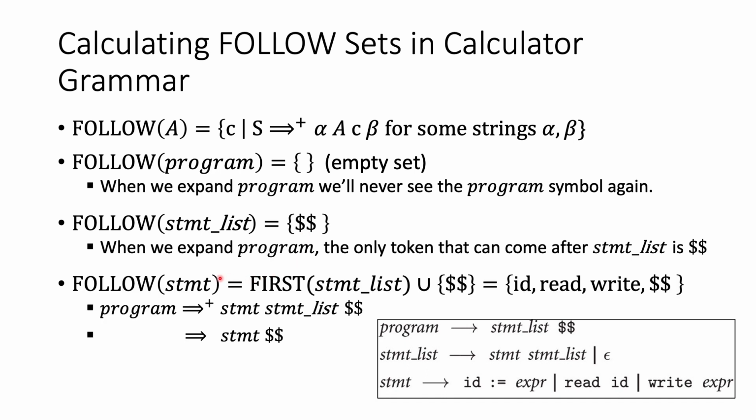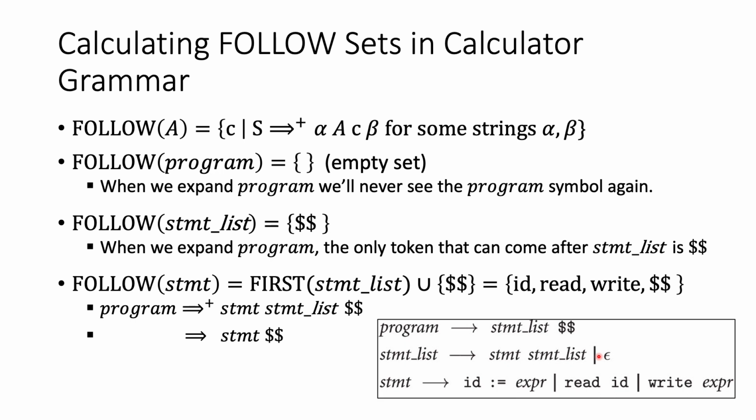To calculate the follow of ST empty, we notice that when expanding a program, ST empty appears for the first time in the string ST empty list, and then the end marker. This string can expand to ST empty and then the end marker because ST empty list can yield the epsilon, or the empty string, because it has the epsilon production here.